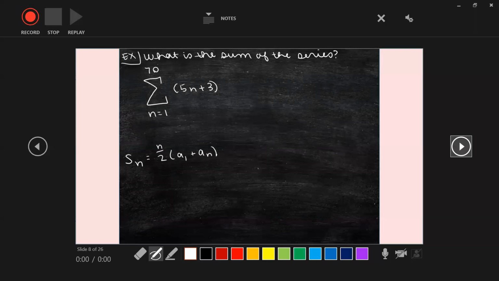So it's going to be n over 2 times a sub 1 plus a sub n. Very good. So again, I'm going to need my a sub 1. I'm going to need to figure out what my a sub n is. I need to know what my n is.